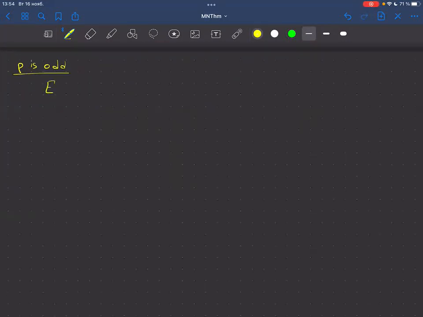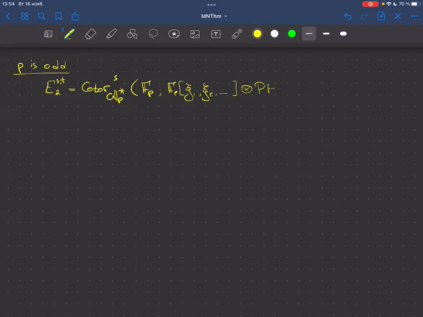E2 st. Cotor over A_p lower star of F_p to, and now I rewrite the homology of MU in terms of the comodule structure: psi 1, psi 2, etc. times 4k primitive elements.